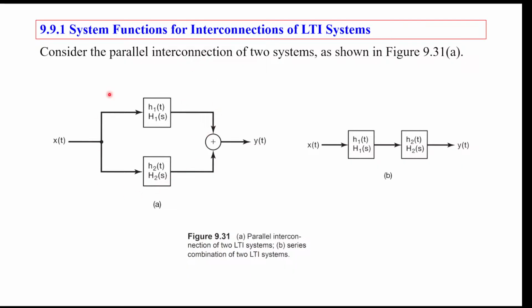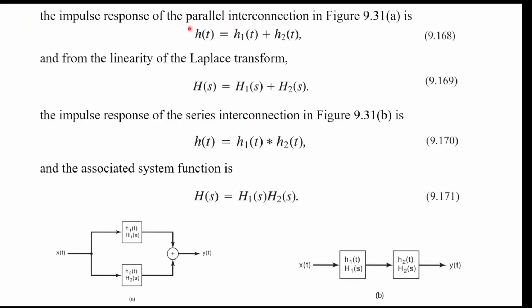The small h for this total system, by linearity of the system, will just be small h1 plus small h2. If you do a Laplace transform on this small h, then you see big H is just big H1 plus big H2. Okay, so that's this system.